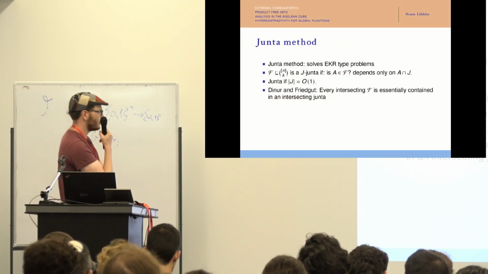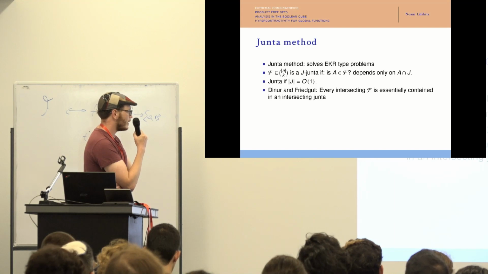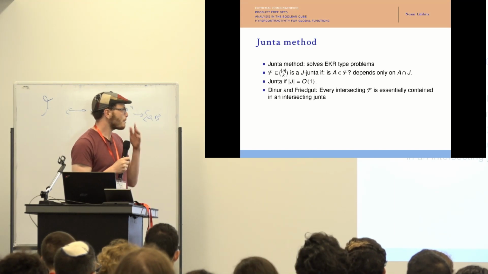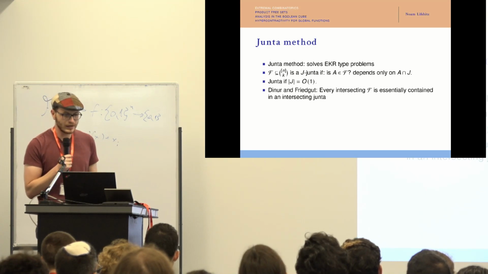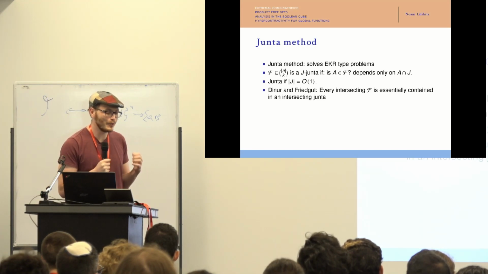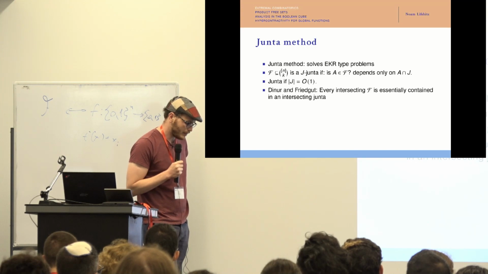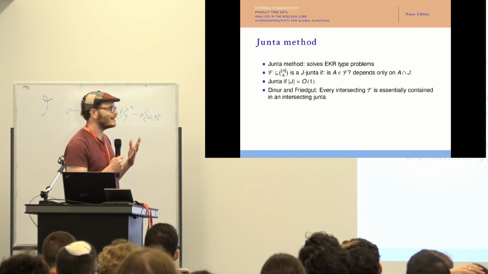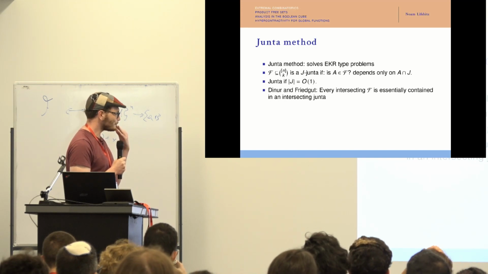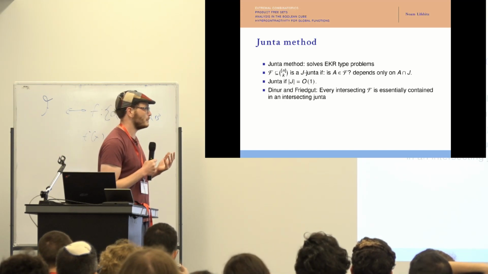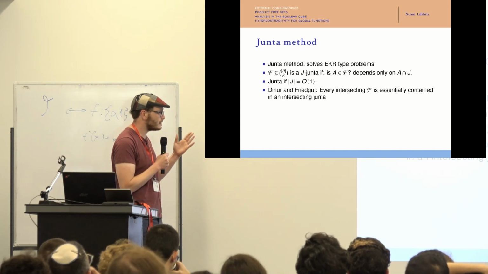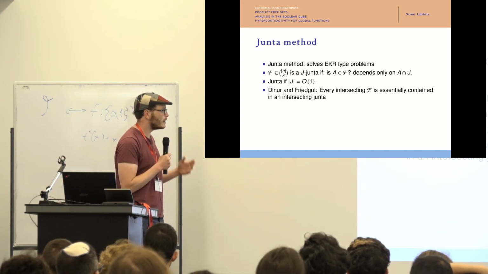So, okay, it turns out that juntas are not only important in social choice, they are also important in solving Erdős–Ko–Rado type problems. So what does it mean for a family of sets to be a junta?